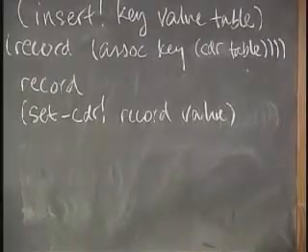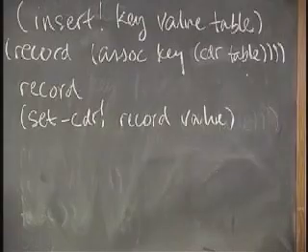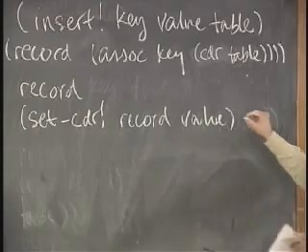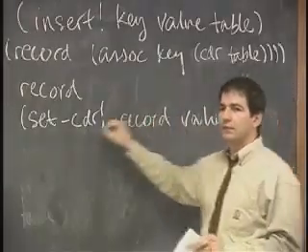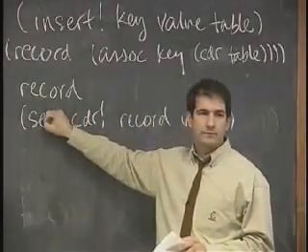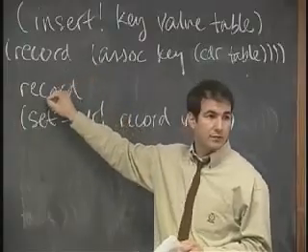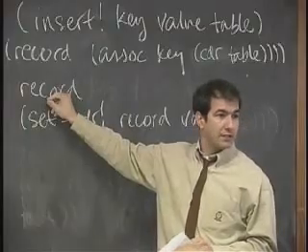Is it clear why that's going to work? A record is a pair. The car of the record is the key. The cdr of the record is a value that's getting associated with that key. So if we want to change the value associated with it, we find that pair and change the cdr. If we don't find the pair, if this test fails, we need to create a new pair and insert it into the table.